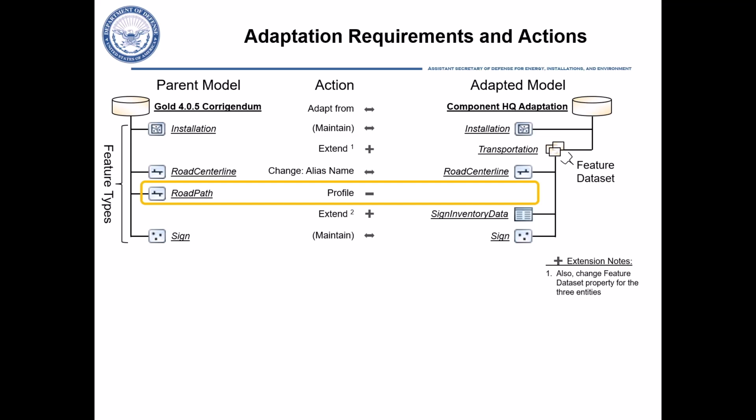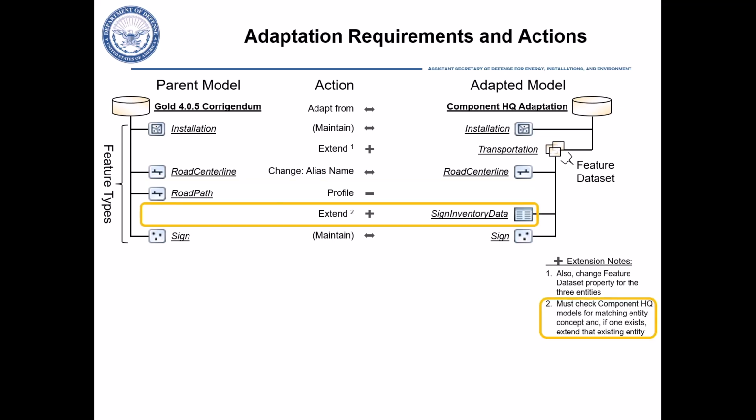Although not shown here, there are a total of 259 entities in the parent model. As shown, only 3 of these are retained: installation, road center line, and sign. So, along with road path, a total of 256 entities from the parent will be profiled. Those actions are omitted for simplification of this example.